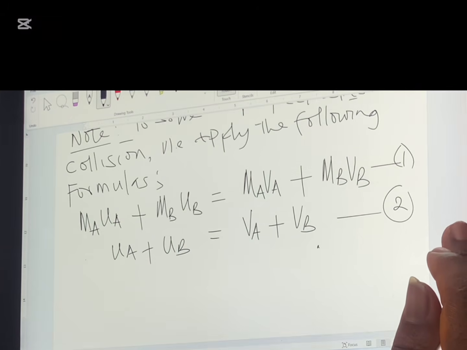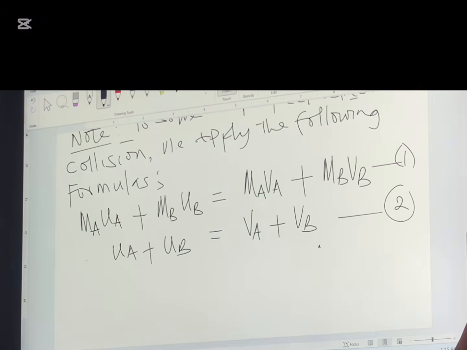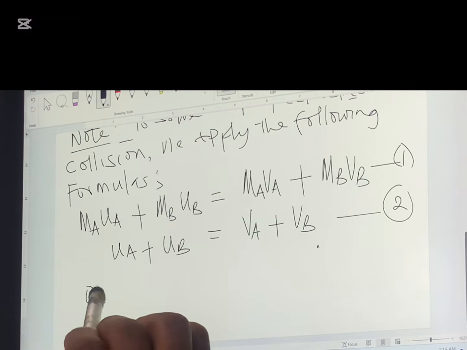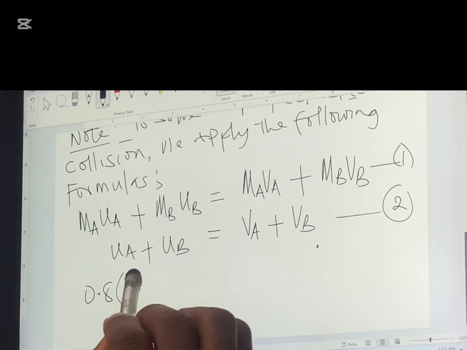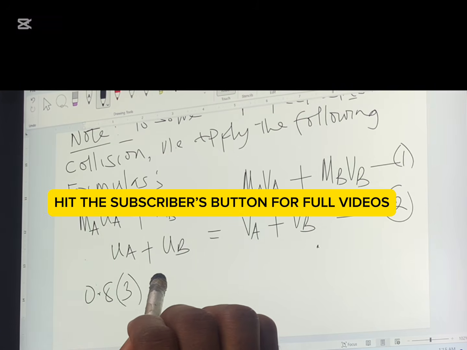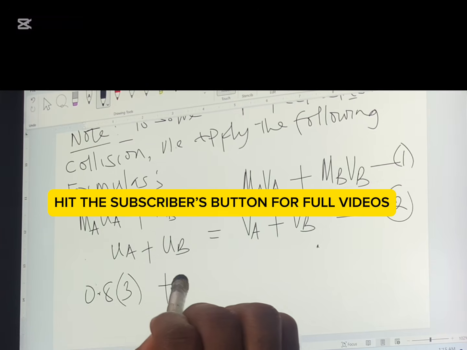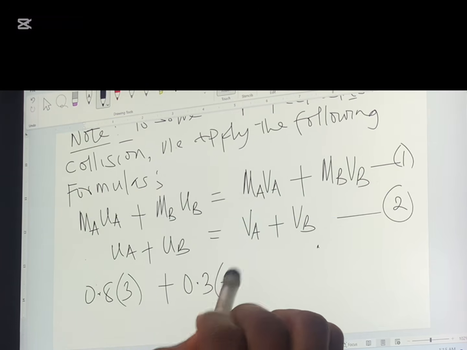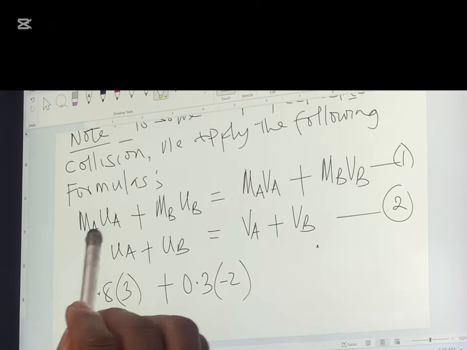Okay, now let's apply them. Let's replace the values given to us there. So from equation 1 here, we have 0.8 into 3, that is for UA, plus 0.3 into minus 2. I'm using this formula here.